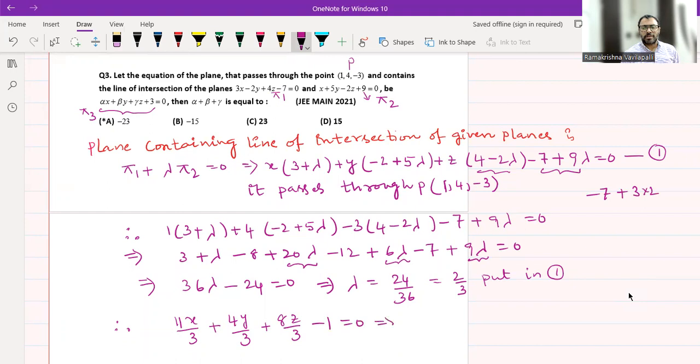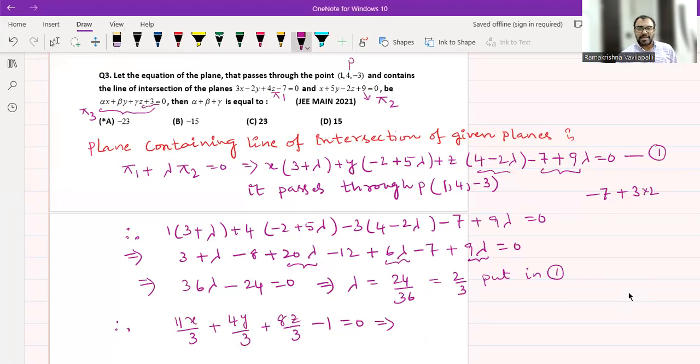So this implies multiplying with 3, because observe here they have given 3. That's why I am multiplying. So multiply with the negative sign also, because here they have given plus 3. They have given plus 3. Observe.